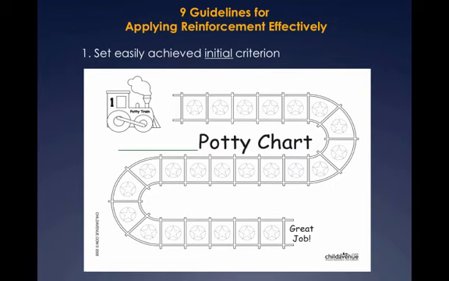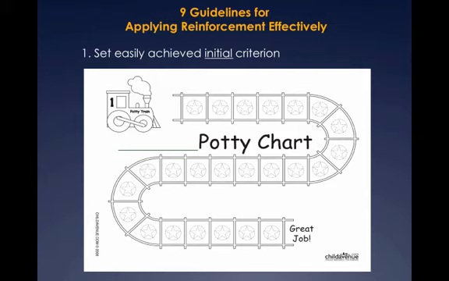One of the things that you always want to do when you're first teaching a student a new skill, you want to make sure that they're able to access the reinforcer, right? So in this example, let's say you would give them a sticker for every single time they went to the bathroom independently and appropriately, right? So that's a good thing.